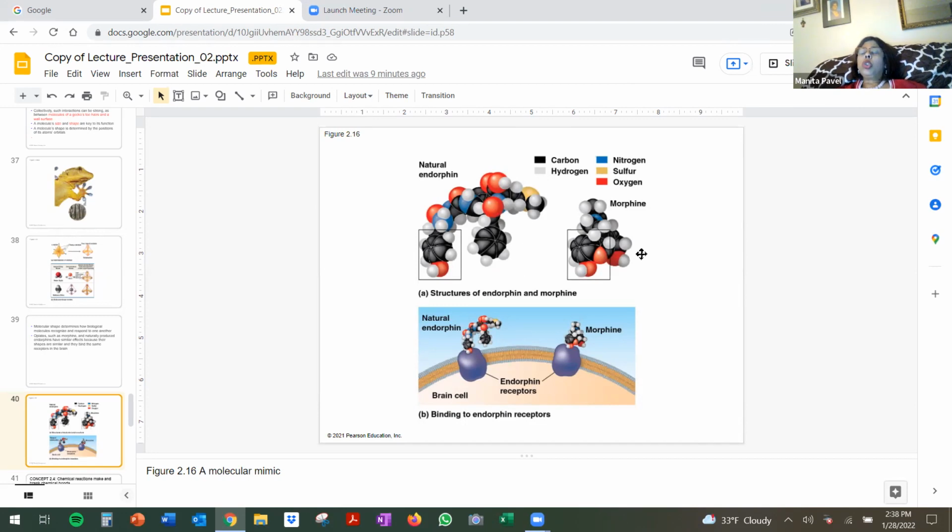I want you to take note of the shape of morphine, which is the drug, and the shape of this natural endorphin. What do we see? We see they have carbon atoms. We see there is nitrogen in morphine. There is more nitrogen in the natural endorphins. The shape of the natural endorphin is more complex than this morphine molecule.